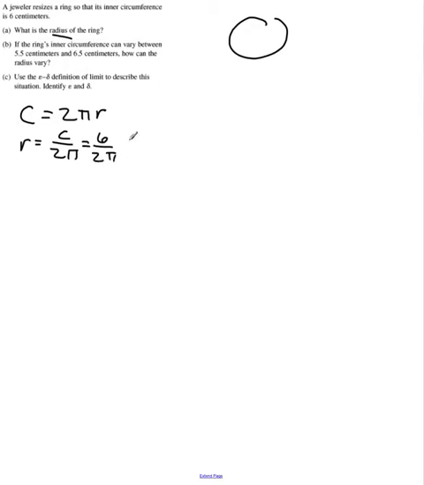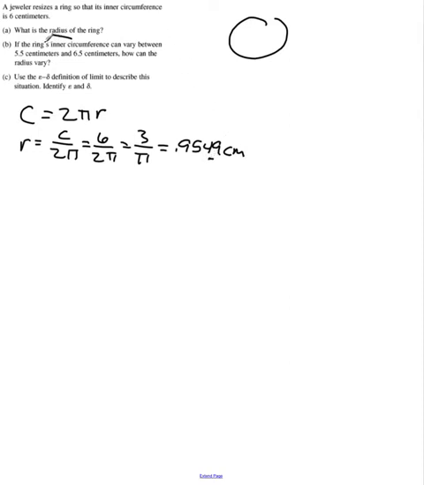And I'm just going to leave this as 3 over pi. You can give me an exact answer of 0.9549 centimeters. On the homework, go on and take it out to 4, or you can round or truncate to 3.